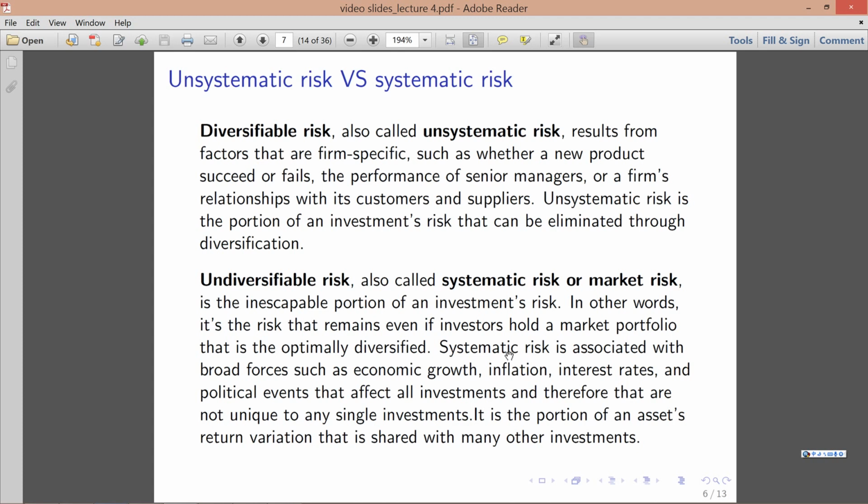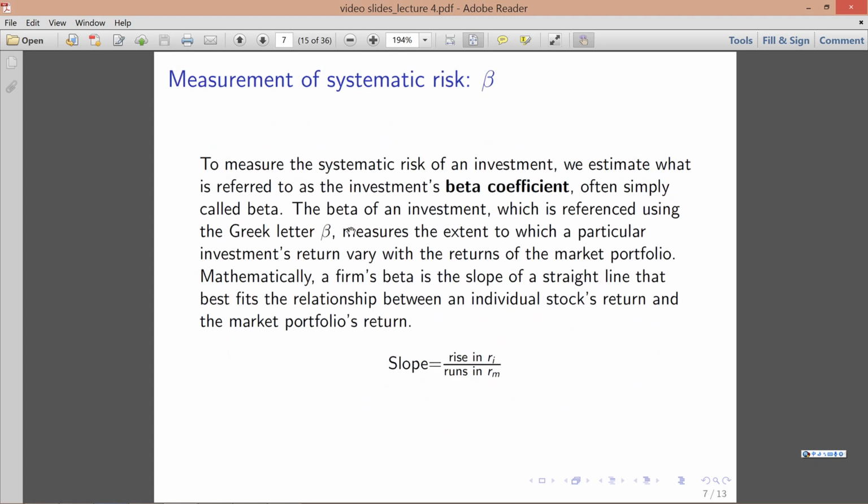Therefore, to measure the systematic risk, we can measure the extent to which a particular investment return could move or vary with the return of the market portfolio.